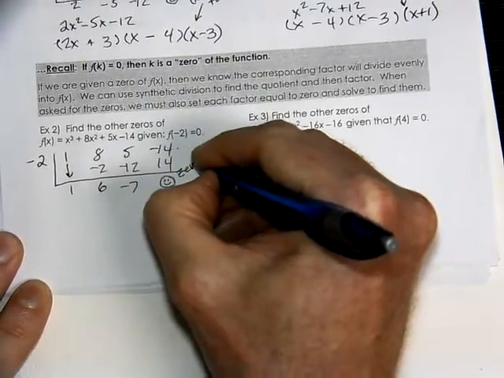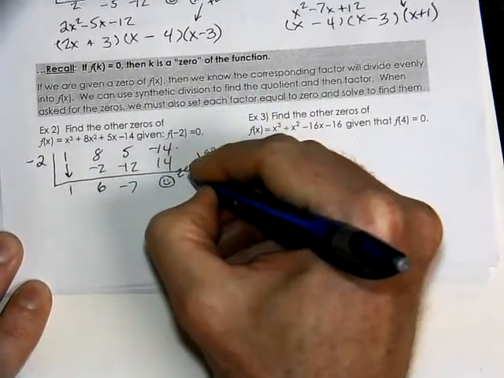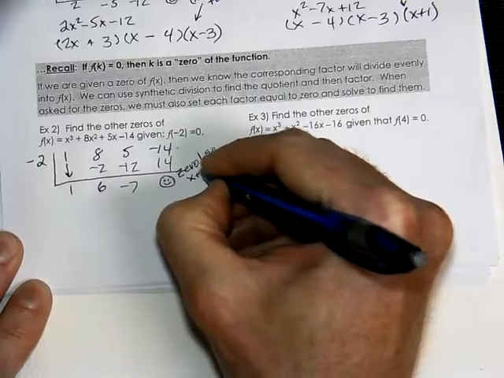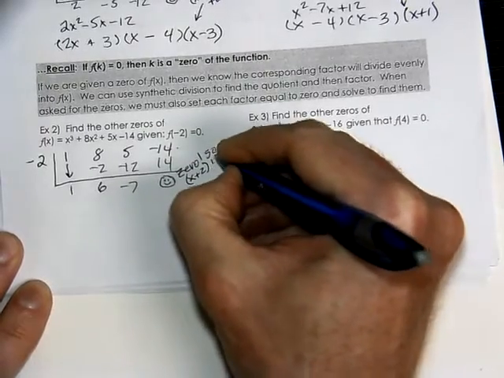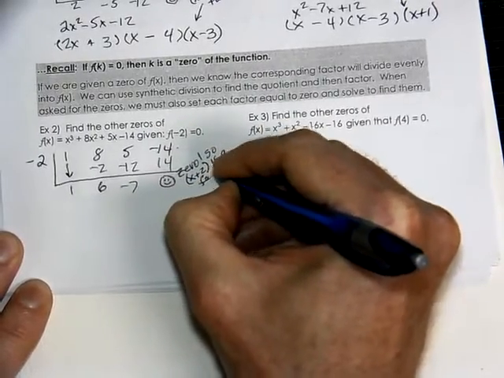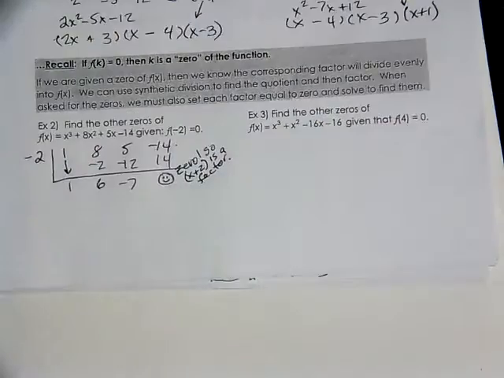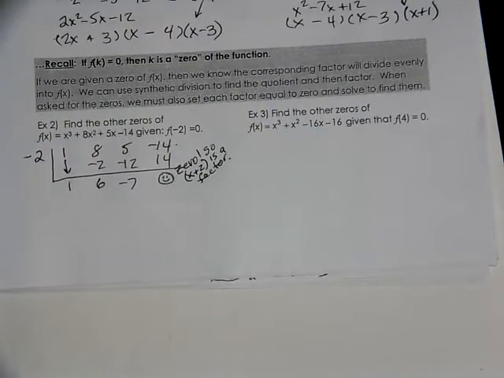So we write 0. So x plus 2 is a factor. Don't make the mistake and call it x minus 2. It would be x plus 2 is a factor.